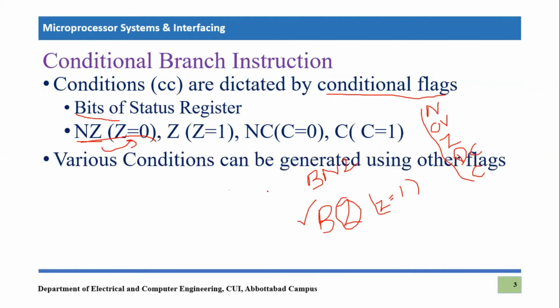Similarly, you can generate various conditions using other flags. For example, BC for C equal to 1, BNC for C equal to 0, and so on. So various program applications can be generated based upon the status bits.